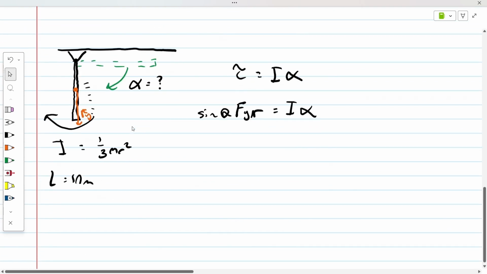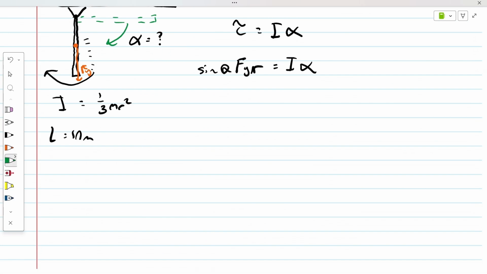But in this case, our theta that this angle is making to the rotation is 180 degrees. And so if we take sine of 180, force due to gravity times R equals I times angular acceleration, this just goes to 0, so everything is going to go to 0. So if this equals 0, this whole side equals 0, and we know the rotational inertia doesn't equal 0 because it equals this.